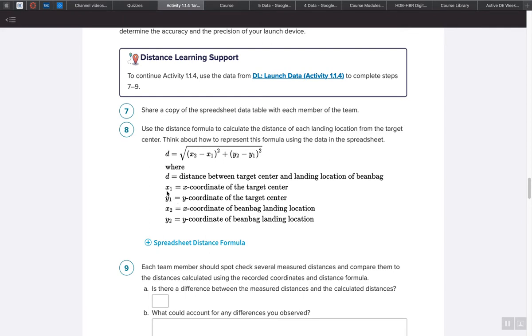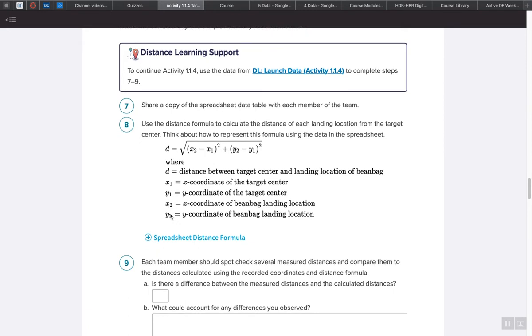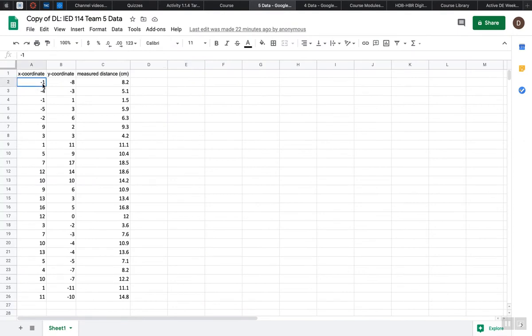So our X1 value will always be 0, and our Y1 value will always be 0. Now our X2 and Y2 values will differ depending upon the data in the sheet. So our X2 and Y2 values are going to be pulled from here each time. So you're doing a different distance for each one of these.